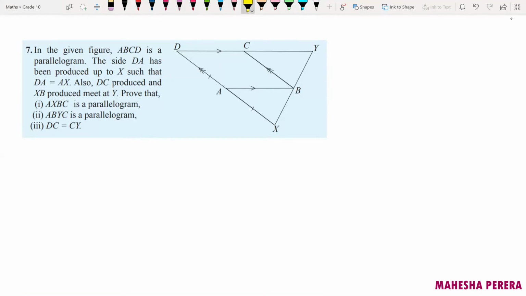Seventh question. In the given figure, ABCD is a parallelogram, right? Where is our parallelogram ABCD? It's here. ABCD.